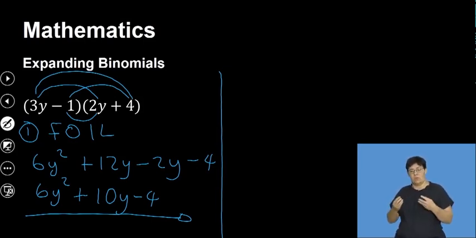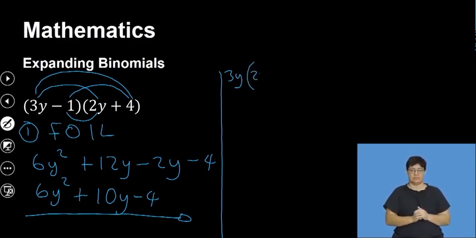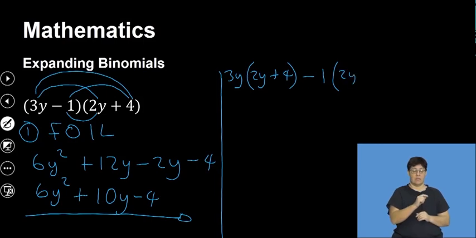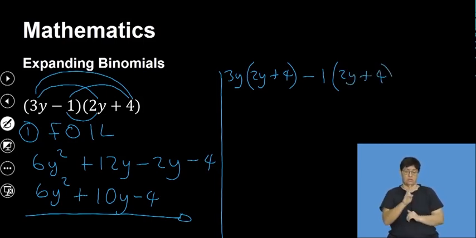distributive property, I would then say 3y open bracket, 2y plus 4, and then minus, remember I said we maintain each sign that we have, 2y plus the 4, right?